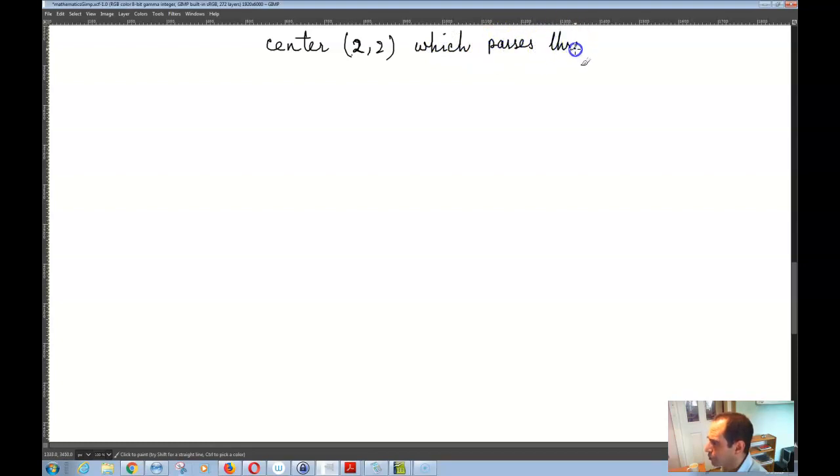Okay, so the next question that we have: we want to find the equation of a circle with center 2, 2 that passes through the point 4, 5.